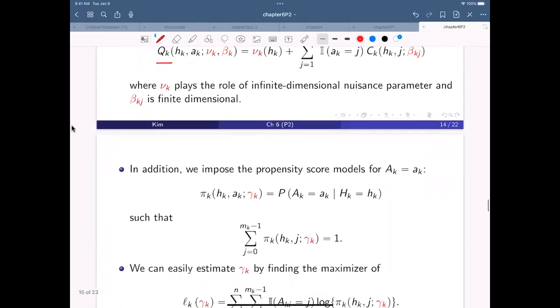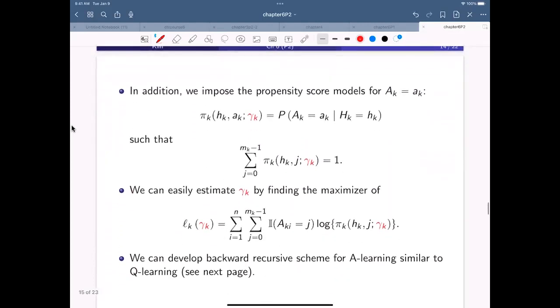In addition, we impose the propensity score models for AK equal to small a k. This is the typical propensity model: given the history, this is the propensity.